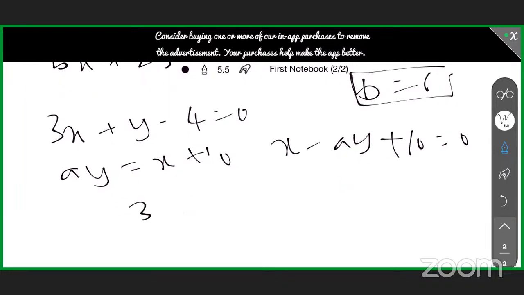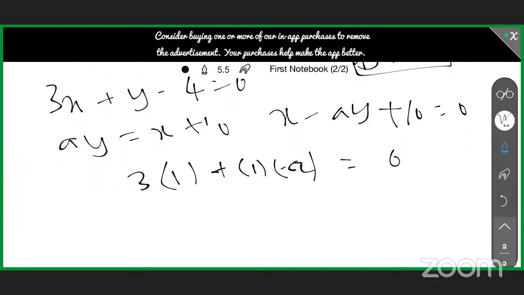For perpendicular lines, 3 into 1 plus 1 into minus a is equal to 0.